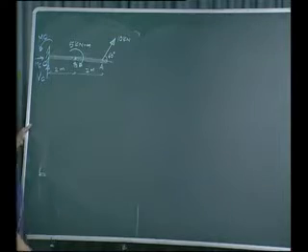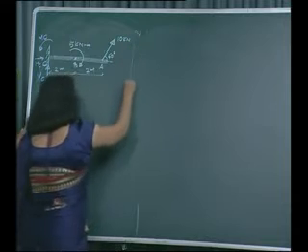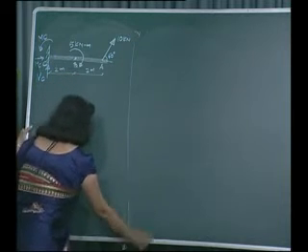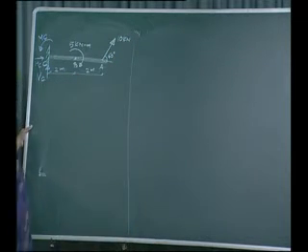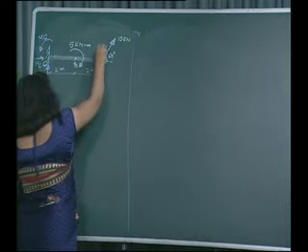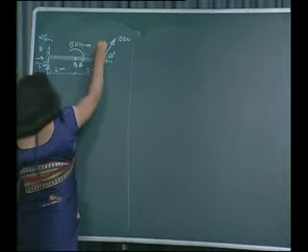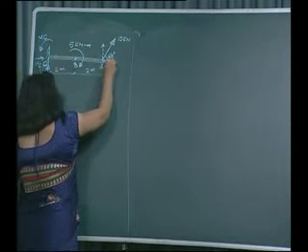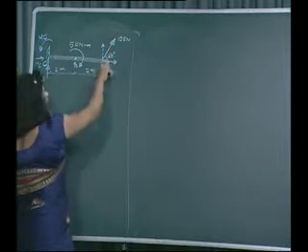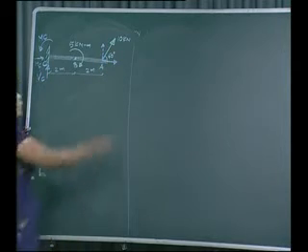So now I have to first resolve the force into 2 components, that is vertical component and horizontal component, right? The force is inclined at an angle of 60 degree with horizontal.